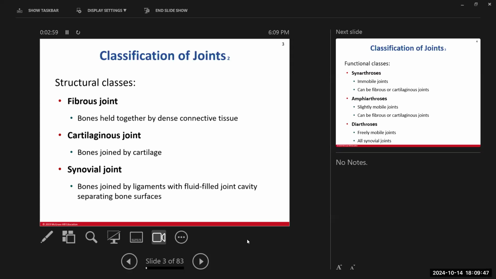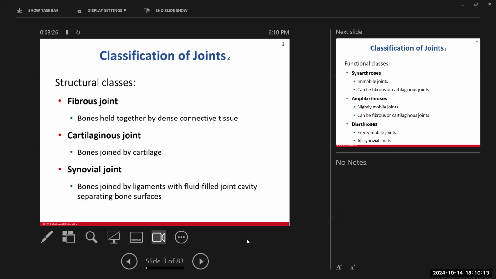A synovial joint has a capsule that covers the joint space, and it has fluid inside of it, the synovial fluid. We'll talk about its purpose and what it does. So those are your three structural classifications: fibrous, cartilaginous, and synovial.